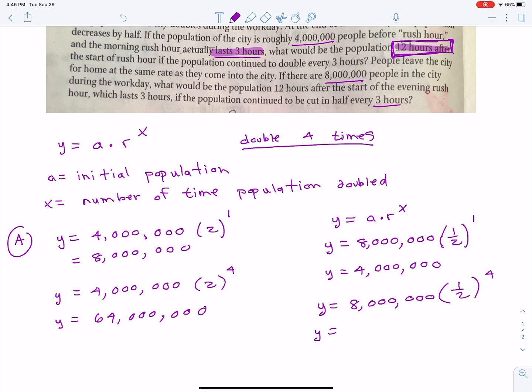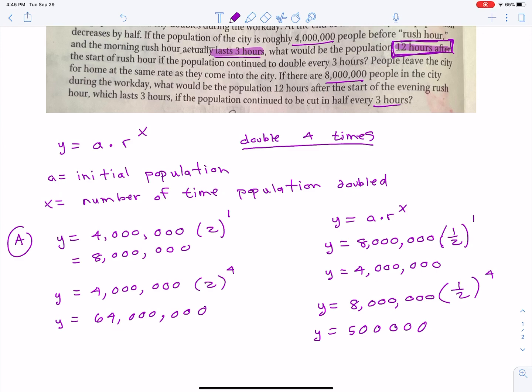That equals, I don't know why I was expecting a different number. That would be 5 with 1, 2, 3, 4, 5 digits. Is that 50,000 or 500,000? My calculator doesn't give me a comma, so it probably makes more sense that it'd be 500,000. Let's make sure. Yep, 500,000.